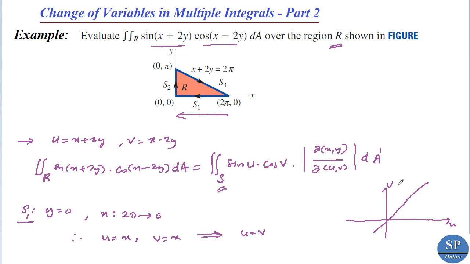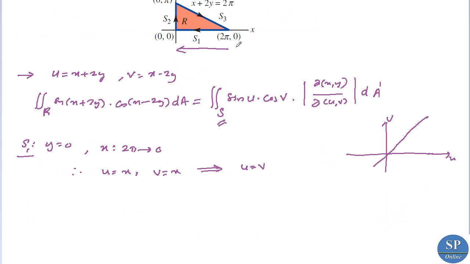Now on S1, x varies from 2π to 0. So as we move from (2π, 0) to (0, 0), x varies from 2π to 0.